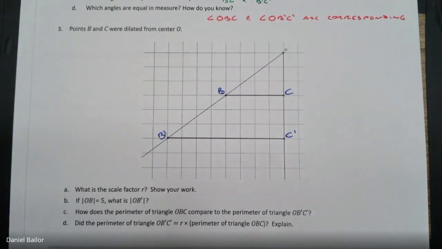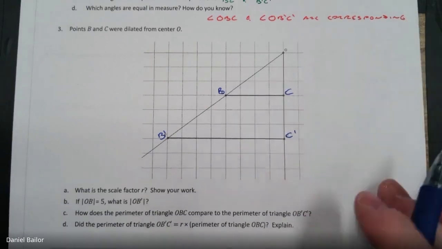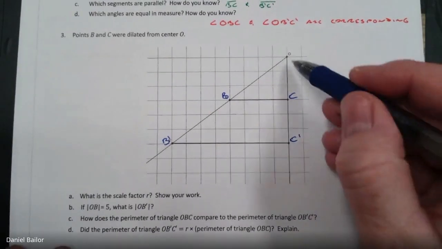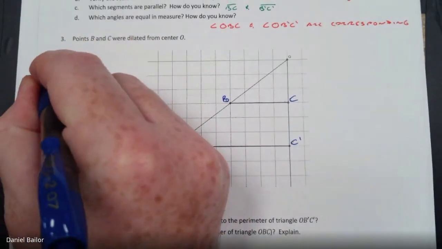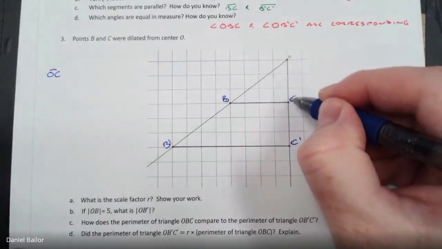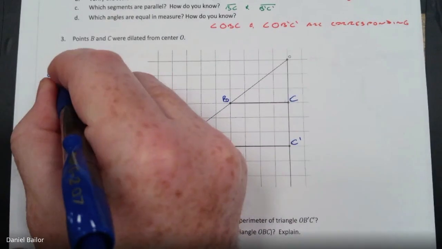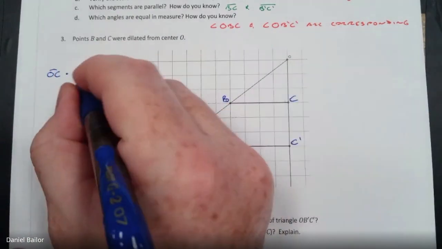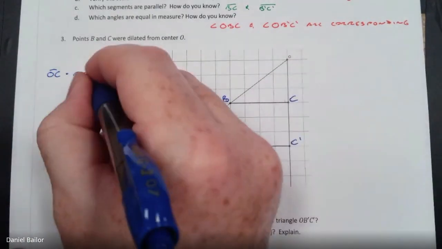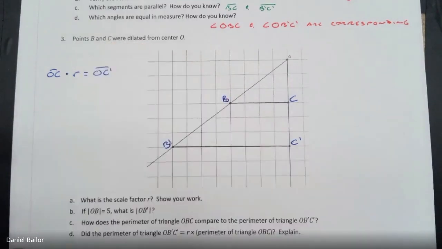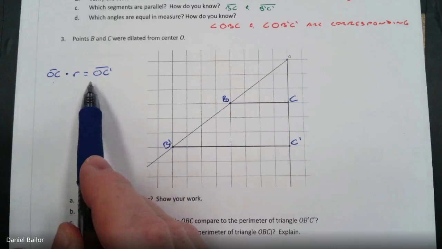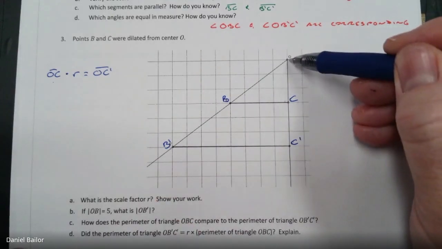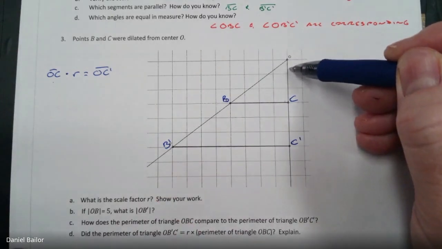Well, remember, we use the same equation. I'm going to use the C's this time because those go straight. Remember, the original OC times the scale factor equals OC prime. The original times the scale factor equals the new. So this time, the original, how many lines to get to C? 1, 2, 3.